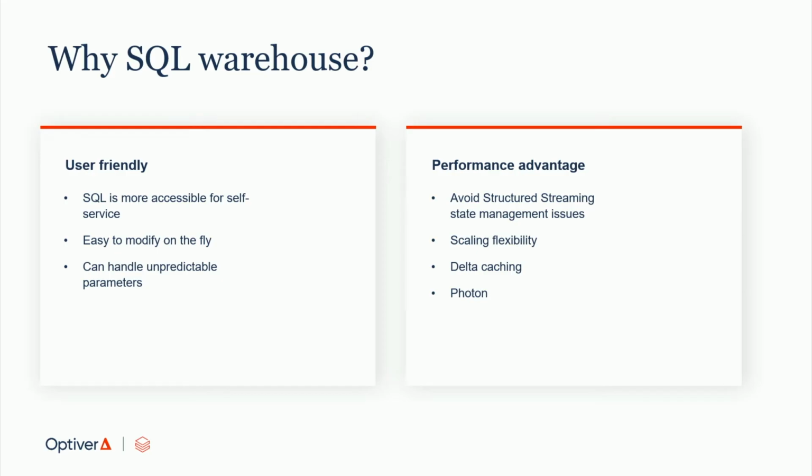Another kind of counterintuitive reason is that for our use cases, it's actually faster to re-execute this SQL query again and again compared to incrementally processing it. There are a few main reasons. The first is that it allows us to avoid performance issues with structured streaming state management.